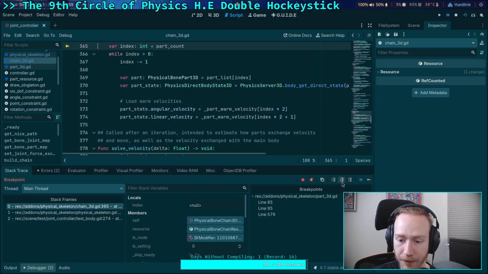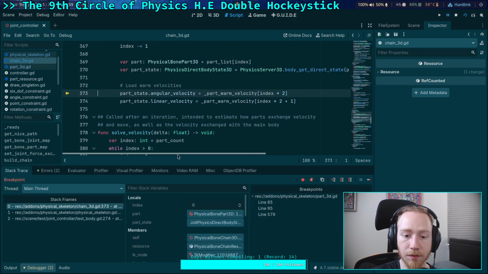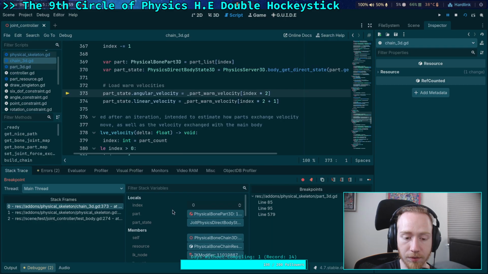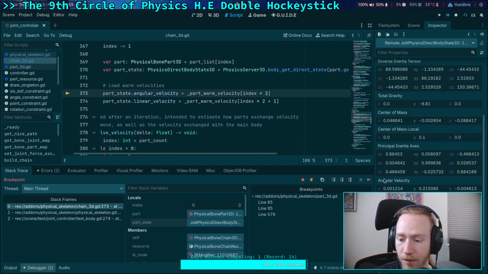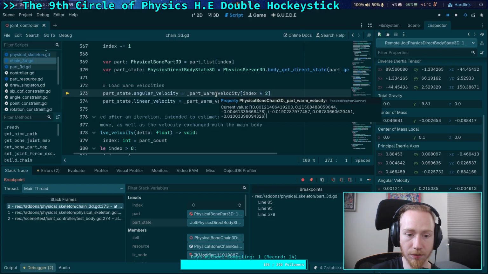So they should not have modified these yet. These should be the exact same as the warm start right now. Yeah, exact same values. Okay.